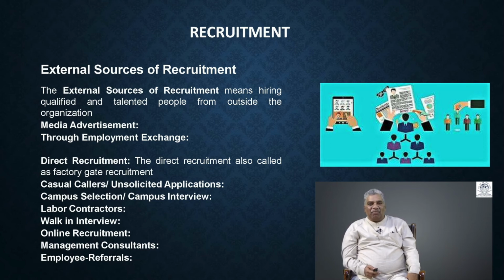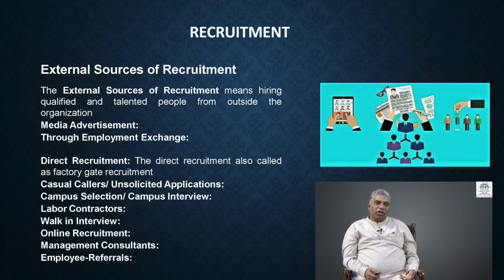gate recruitment. For example, this is the kind of a recruitment which is required for contractual staff, sometimes a staff which is operating in nature, casual callers, and there are some unsolicited applications which keep coming from various job seekers. So, you file them as and when you require, you watch them, you match them with the requirements and take them.